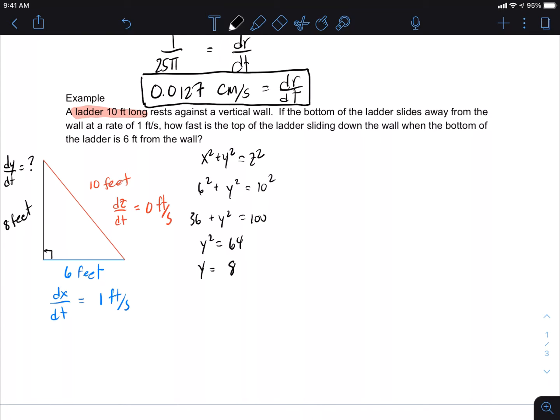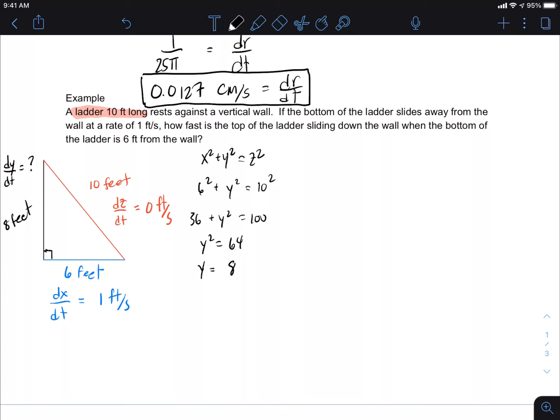Okay. So now we have to set up our all-important equations. In the previous problem, we needed to know the volume of the sphere. In a problem like this that deals with right triangles, a ladder up against a wall, what do you think the equation is that we should use? Think simple.